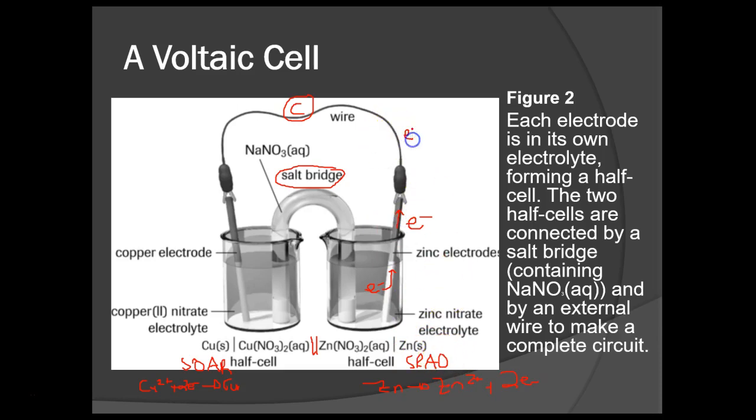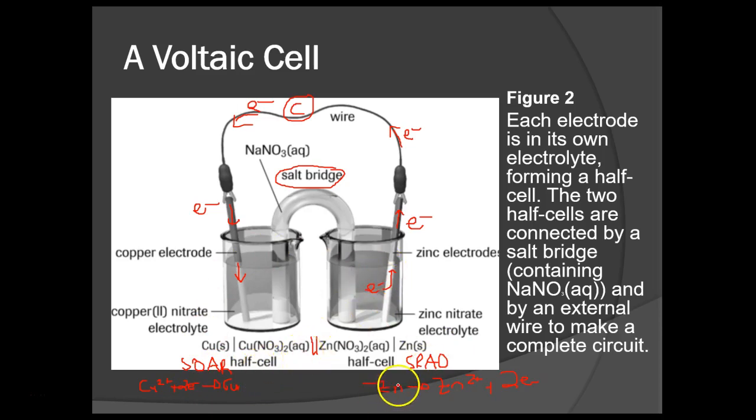Those electrons are moving along the wire towards where they are going to be gained, because gain of electrons is reduction. So those electrons are going to be gained here at the copper electrode. So we've got electrons flowing from the strongest reducing agent, which is getting oxidized, to the strongest oxidizing agent, which is getting reduced.